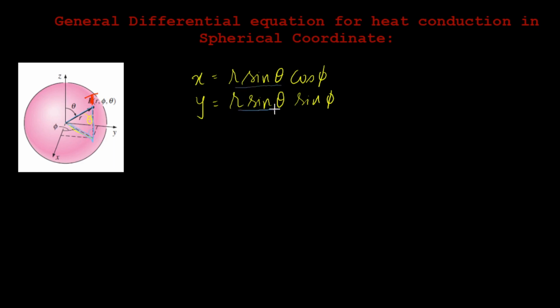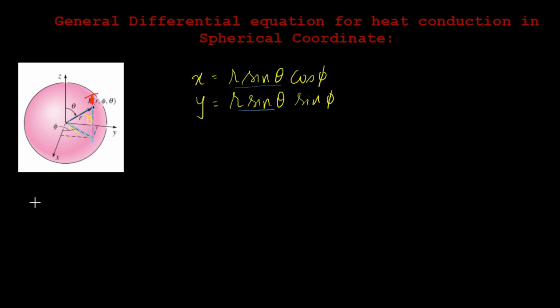Now this line is inclined to the x line by an angle phi. If you remember the previous case, it was r cos phi. So now it becomes r sine theta cos phi for x, and similarly for y it becomes r sine theta sine phi.